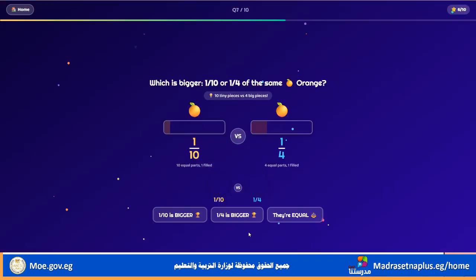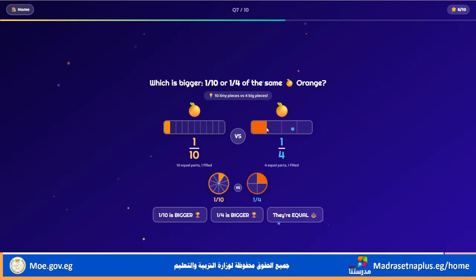Yes. Are we still with fruits? If you have two oranges, one of them divided into 10 equal parts, and we'll get a slice of them, it will represent 1/10. On the right, you can see a similar orange, but I divided it into 4 equal parts.